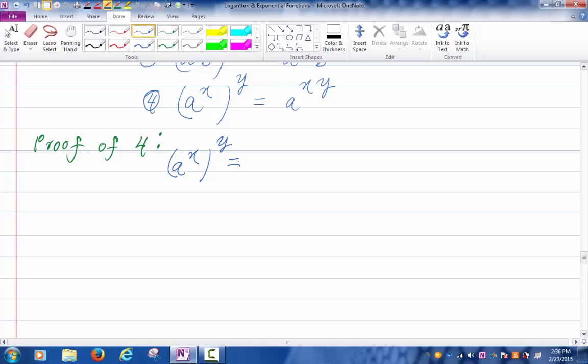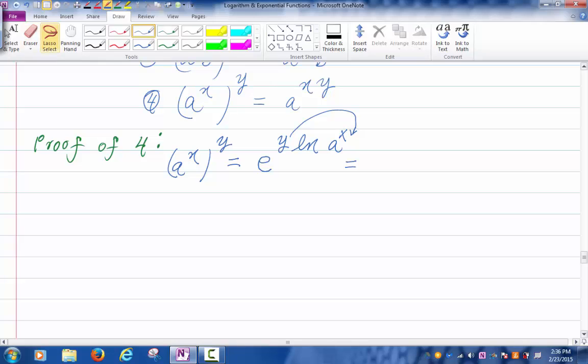By definition, in terms of e, it is e to the exponent y times ln of the base a to the x. Now, remember, one of the properties of ln is that this exponent can be brought out front.